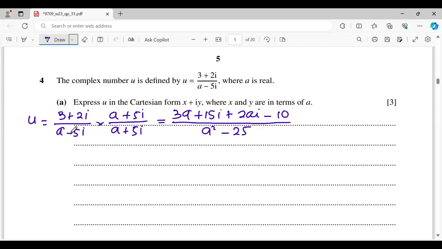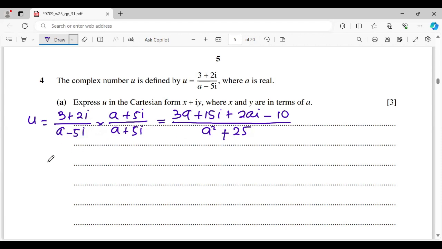Because minus becomes plus, since i times i is negative 1, and negative times negative equals positive.